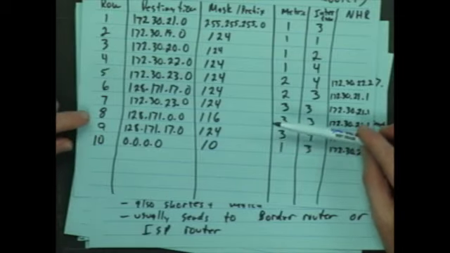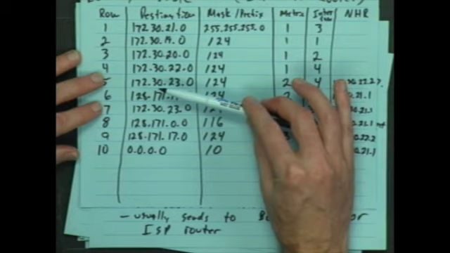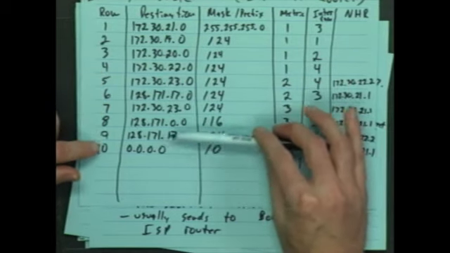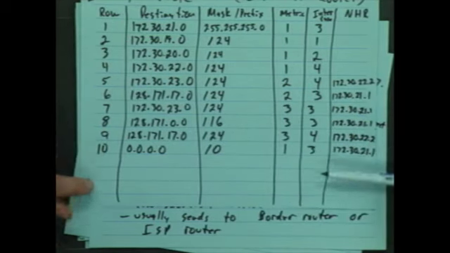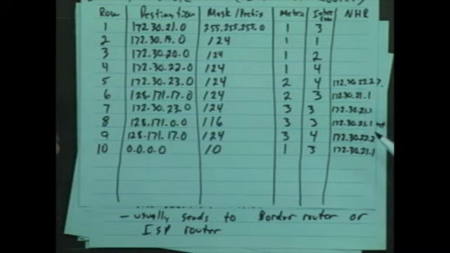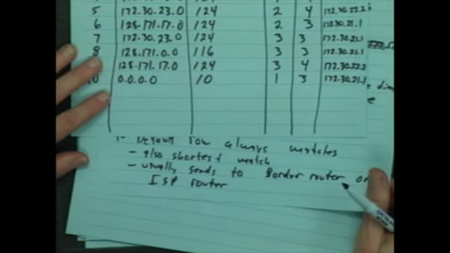It has the entry for my house's subnet. It has an entry for the Cox subnet that it's connected to, and then it has a default row that just passes everything to the Cox router it's connected to. Okay. There's not a lot special there. Border router or the ISP router. All right.